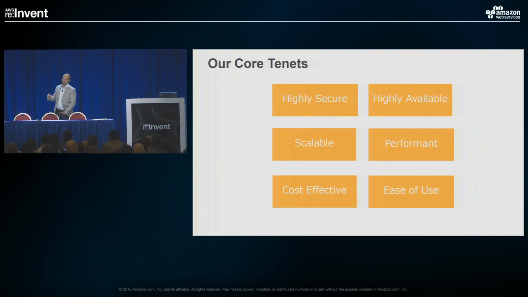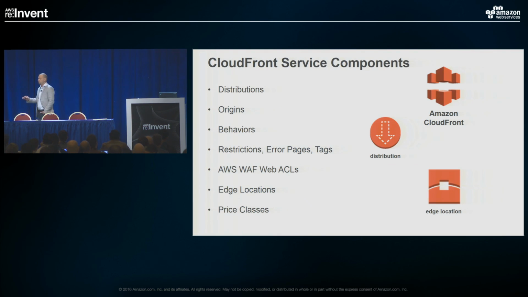Oftentimes, the content delivery piece becomes a significant part of your infrastructure from a cost perspective. We're sensitive to that, and we make sure that we are cost optimized for your applications and that it's easy to use.